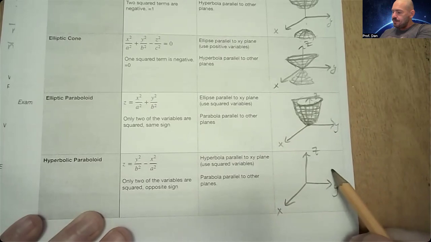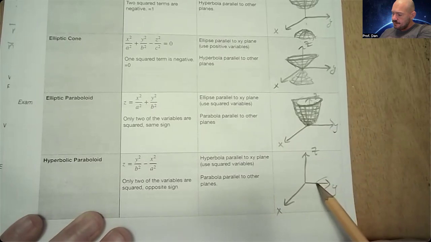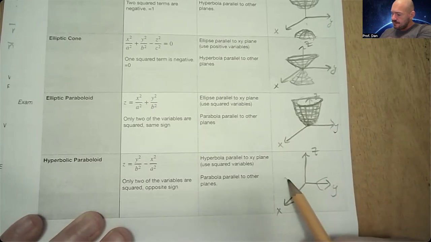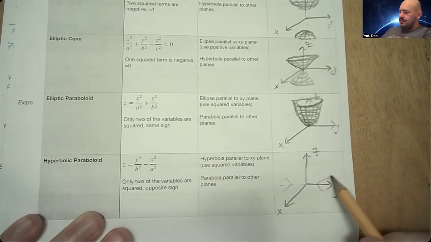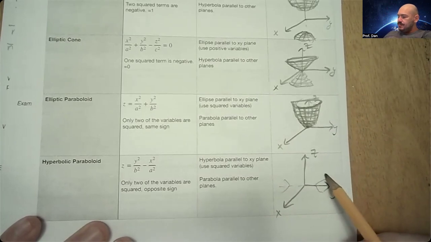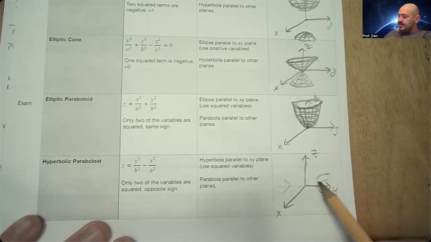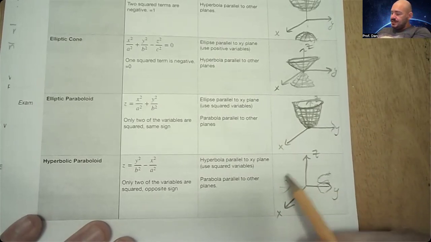So remember your hyperbola looks like this. So that's that one. We could also have something that's not in the xy plane, but parallel to it. It's going to have our same dimensions here.